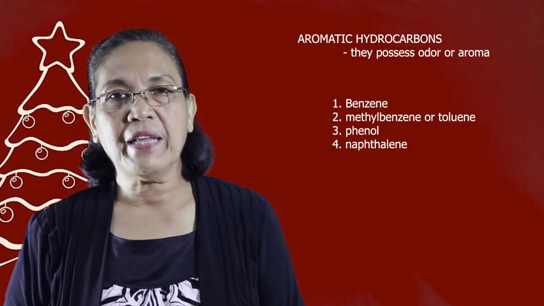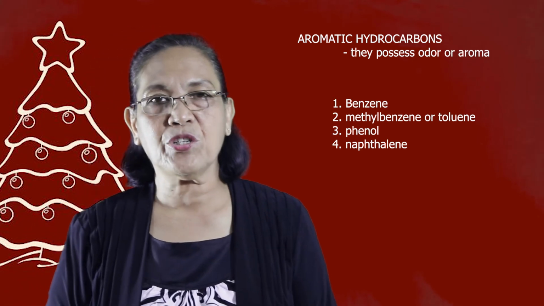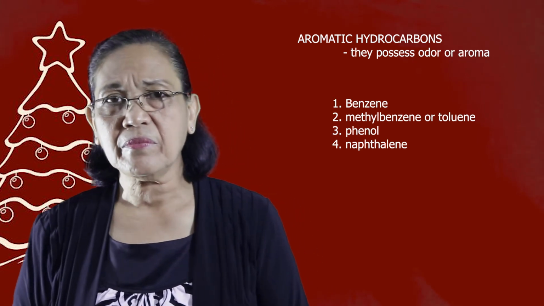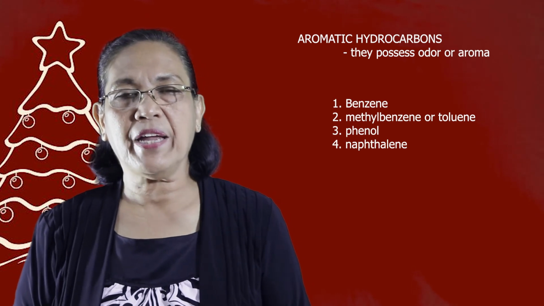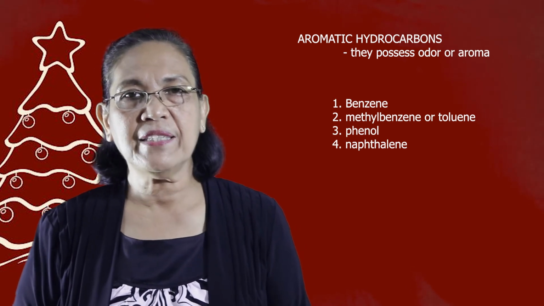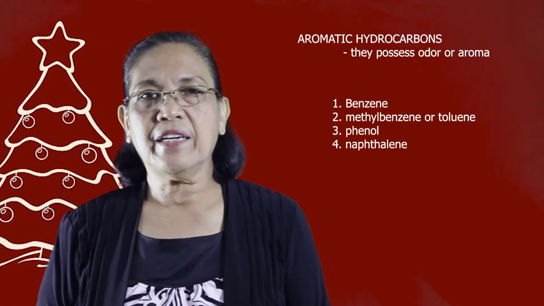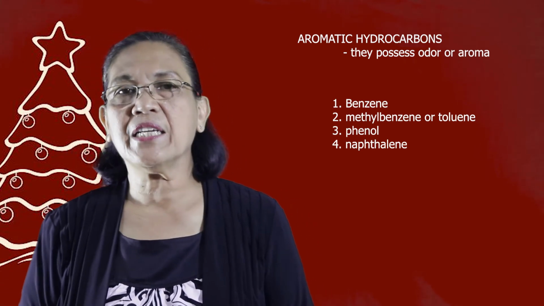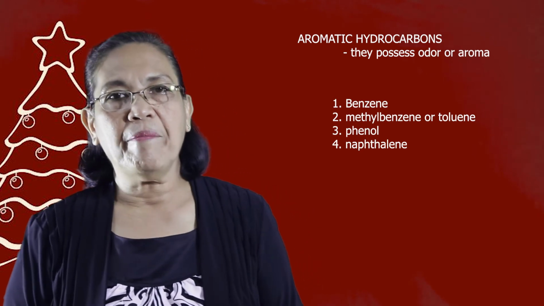Another aromatic compound is formed when a nitro group is attached to the benzene ring. This is called nitrobenzene. Another aromatic compound is formed when the amino group, or NH2, is attached to the benzene ring.